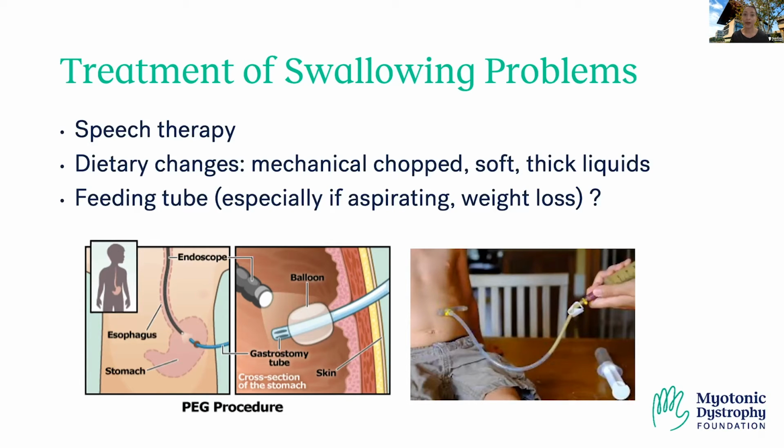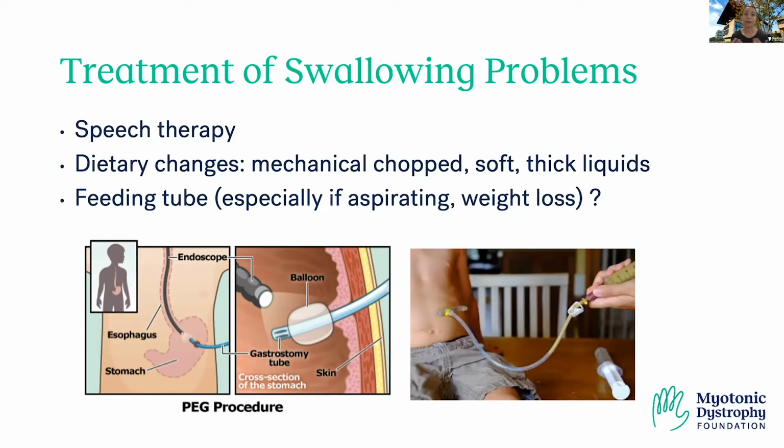And they can be very effective in improving the symptoms. Management will also include modification of the diet and use of different consistencies for better and easier swallowing. Avoiding thin liquids can sometimes be necessary to prevent the symptoms related to dysphagia.